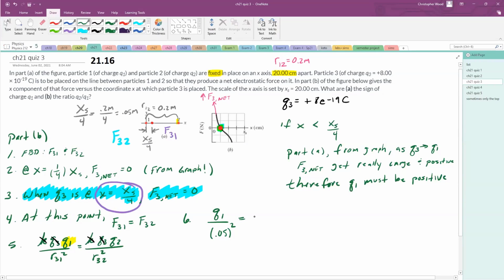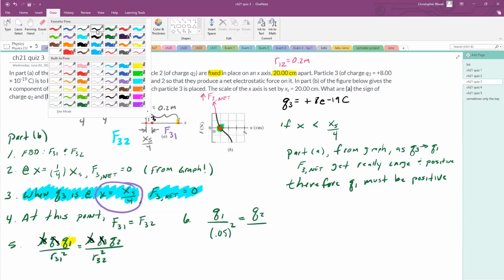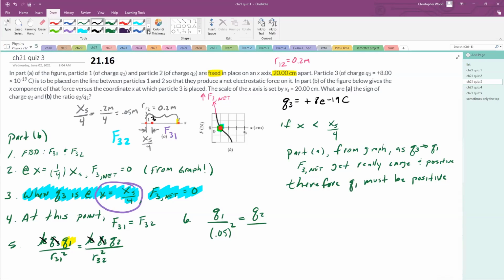The right side of my equal sign is Q2 all over R32. What's the distance between 3 and 2? This is particle 3. This is particle 2. And the distance between 3 and 2 is going to be 0.15 meters squared.